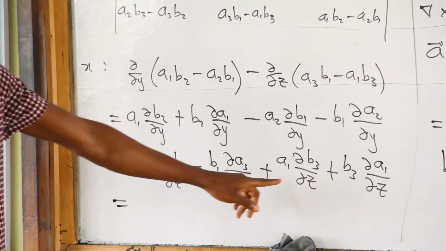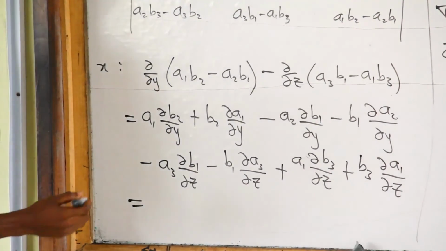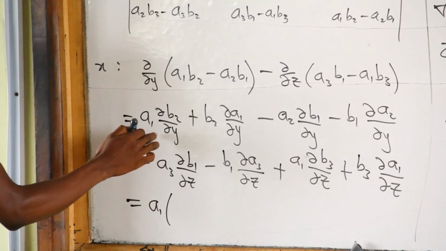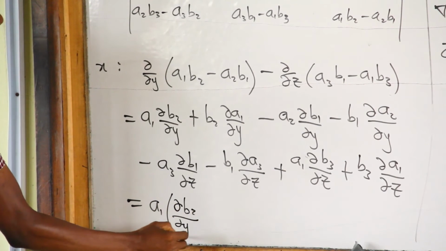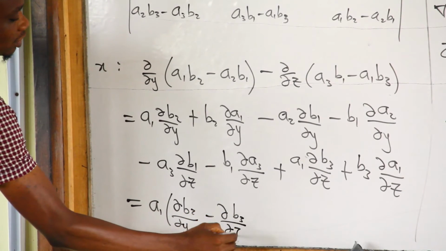So you can see the ones carrying A1 and the ones carrying A2. For those carrying A1, if you put them together, you're going to have A1 times del B2 del y minus del B3 del z.